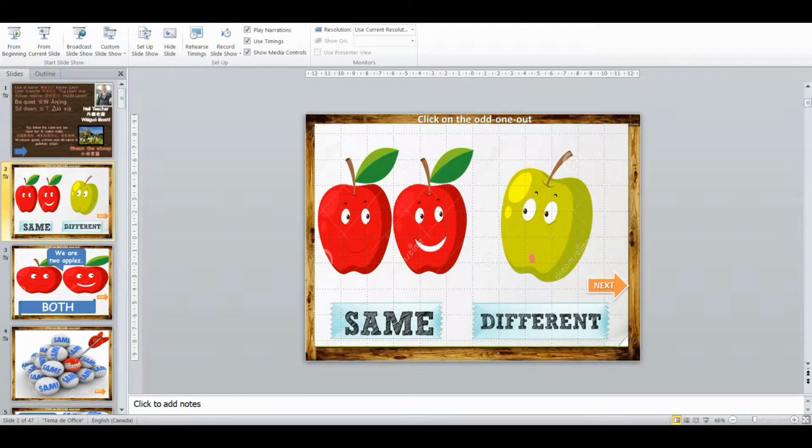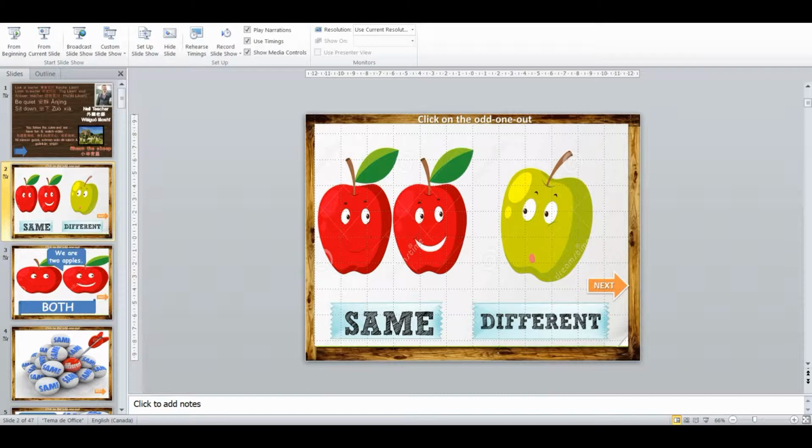So the class is about basically 3 words that we're trying to get across for the students to learn. Same and different. So I'll point out here that these 2 apples are the same. They're both red. They're both smiling even, and this apple is different because it's green.